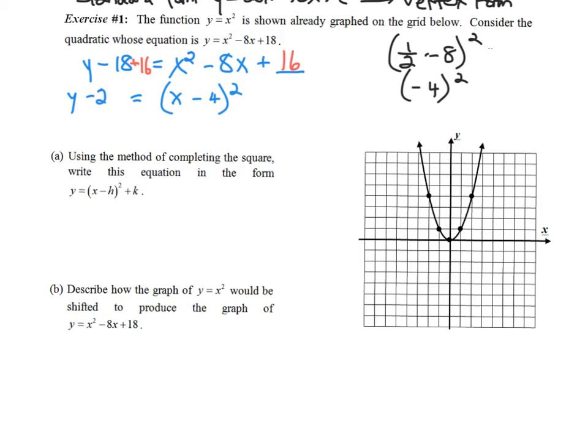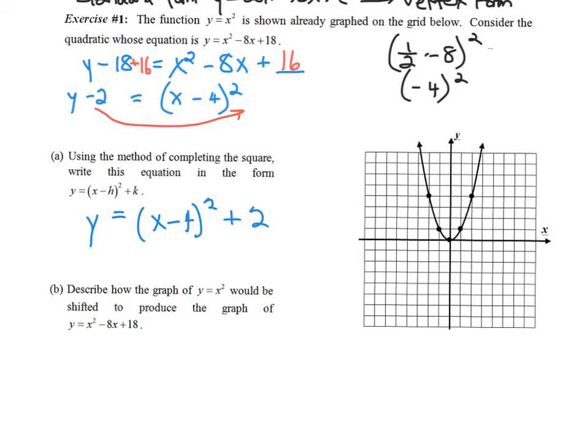Now this time, instead of solving for x, it's actually just one more step that I have to do. I'm going to take this 2 and I'm going to add it over to this side of the equation. So in vertex form, this equation is y equals x minus 4 squared plus 2.